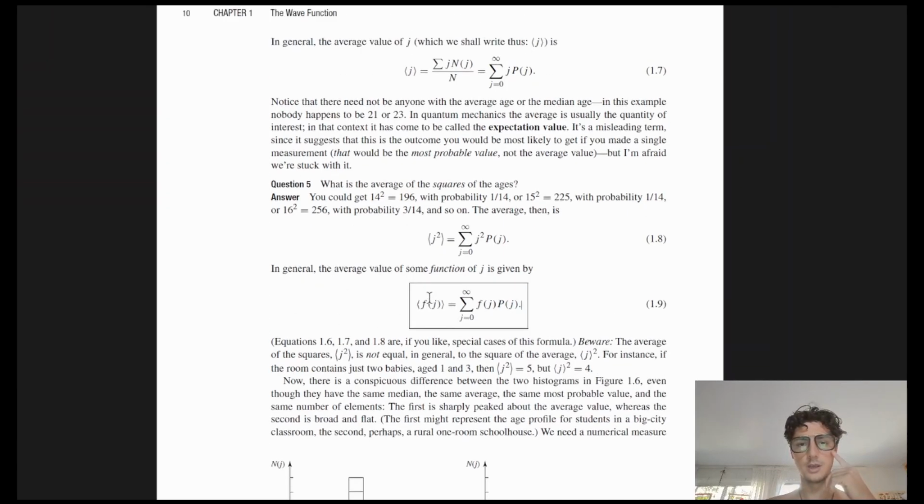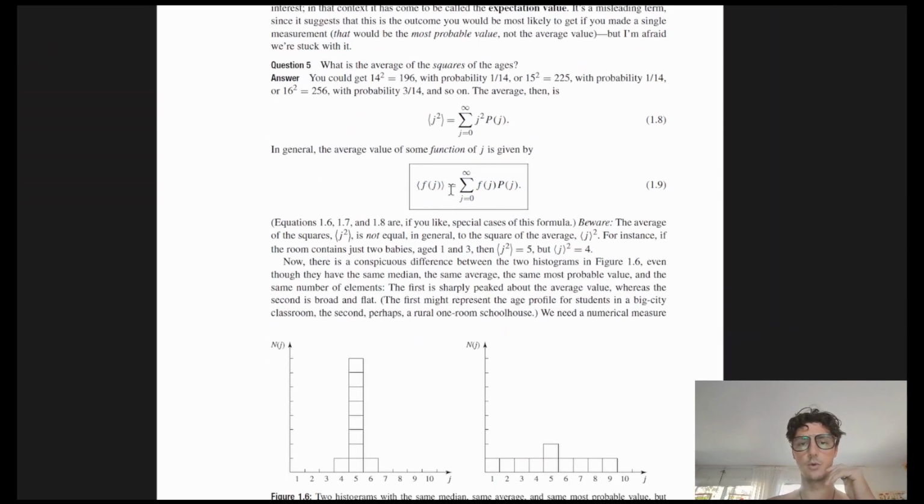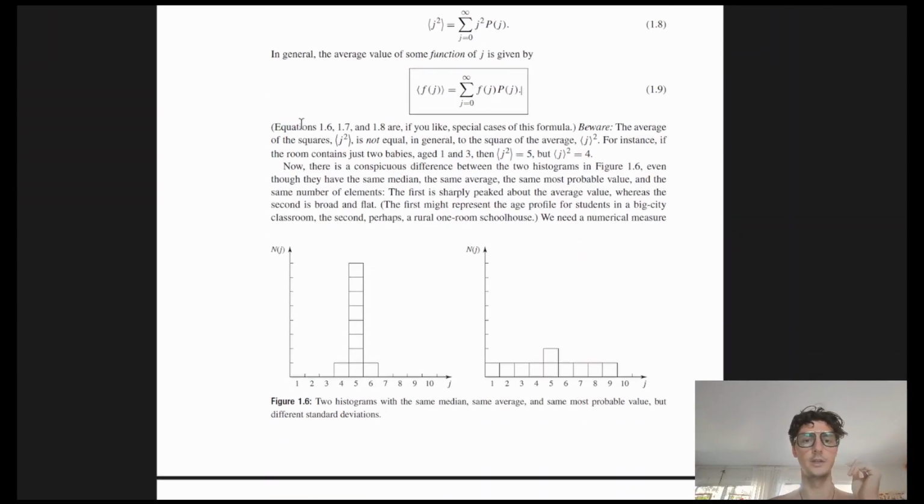Here we have 3 examples. Here's one, f of j. F of j is being multiplied inside this sum. This sum looks identical to this one, except we have j squared. And this sum looks identical to the other 3, except here we have j and here we have j. So this is going to come up quite a lot. That's why they're showing you this, and they're actually boxing it because it is very important. If you have no idea what you're looking at here, don't stress about it. Just note it in your mind. You can always go back to this chapter if needed.